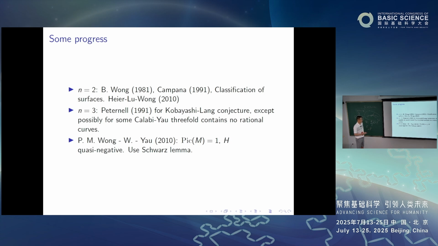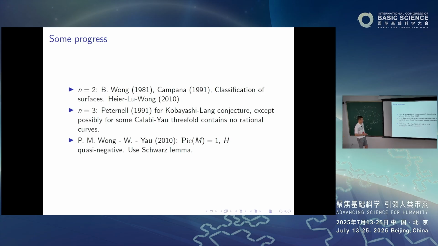N equal to 3 is Professor Peternell. It's 30 years ago, probably out of date. So now you can probably do it for the Kähler threefold problem. Professor Peternell also showed this Lang conjecture. It remains open for some Calabi-Yau threefolds.